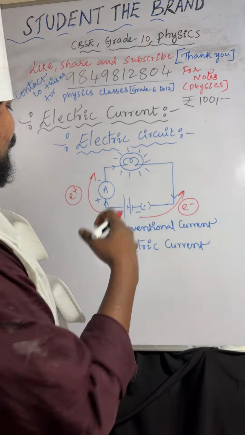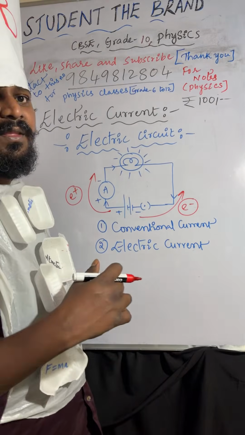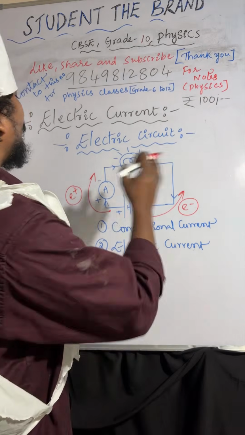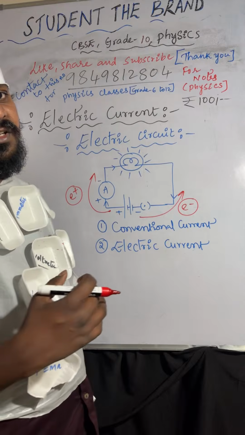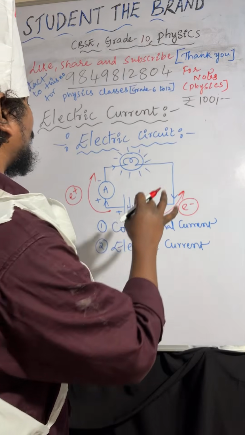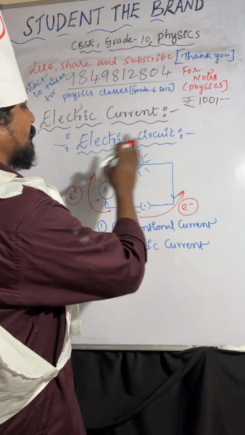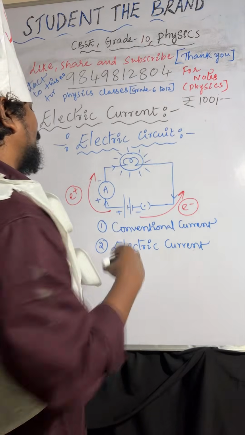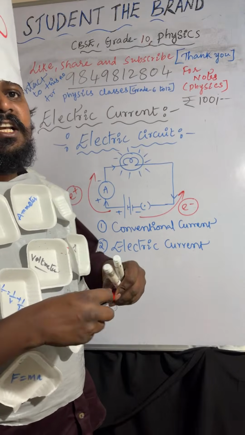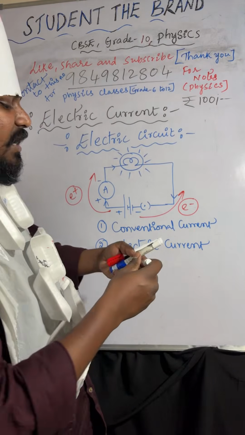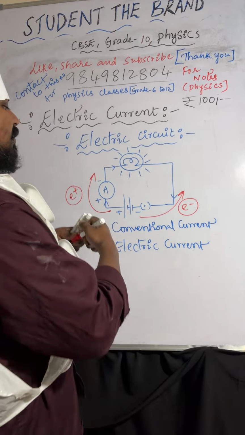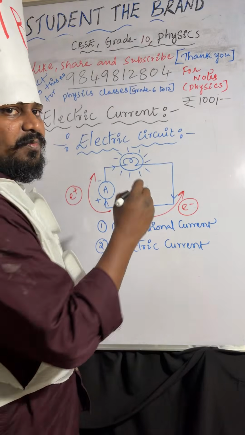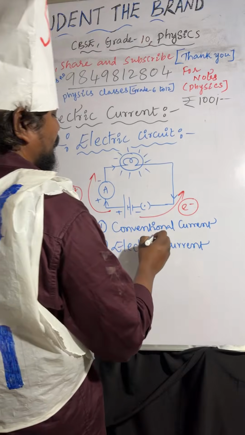Now you can see conventional current. The flow of positive charges is known as conventional current. Positive charges are moving from positive terminal to negative terminal, and electrons are moving from negative terminal to positive terminal. Conventional current is nothing but positive charges moving from high potential to low potential.